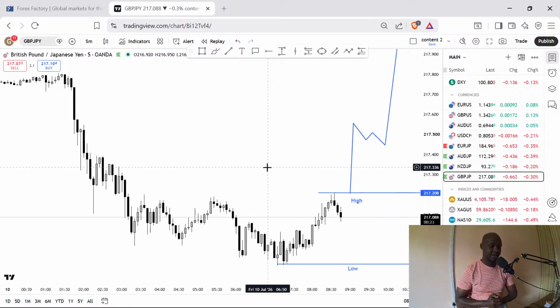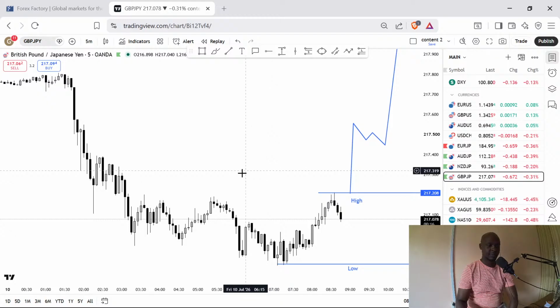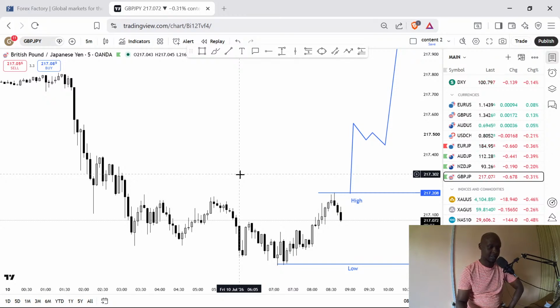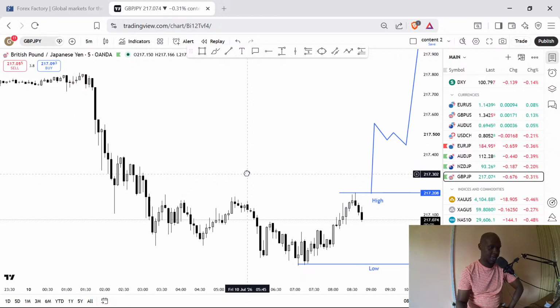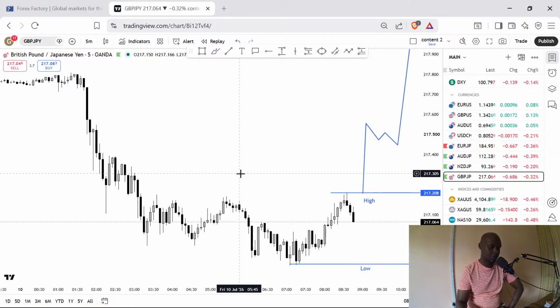But generally today looks like a corrective day for most pairs. But this might change because markets are really dynamic. So you just have to be on so that if the move happens, you don't miss out. So I'm looking for longs on the yen pairs, just to be clear.